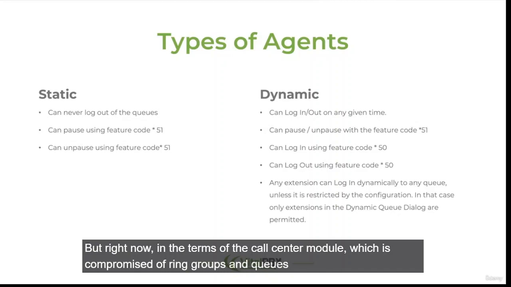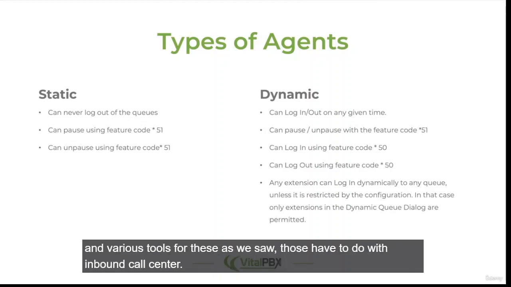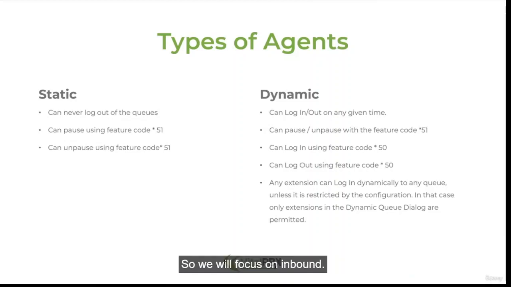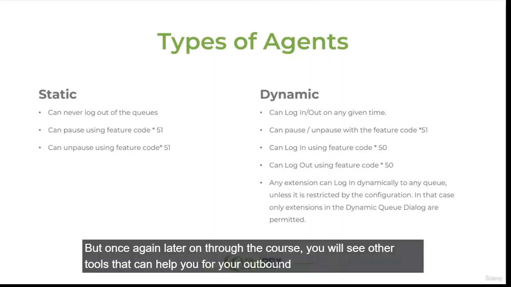But right now, in terms of the call center module, which is comprised of ring groups and queues and various tools for these, as we saw, those have to do with inbound call center. So we will focus on inbound. But once again, later on through the course, you will see other tools that can help you for your outbound operations.